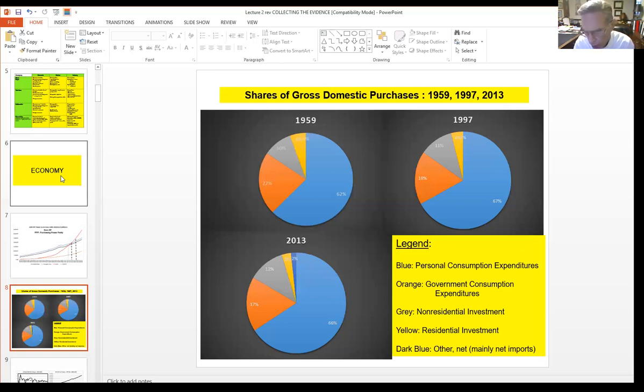And then the yellow represents residential expenditures. And you can see that as population growth slowed down, and for other reasons that we'll get into in these videos, the proportion of contribution to the US GDP that has been contributed by residential construction has declined.